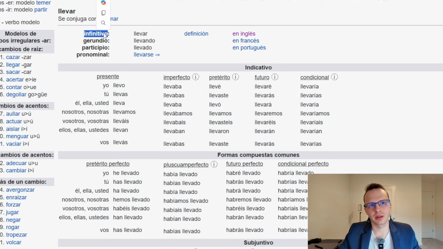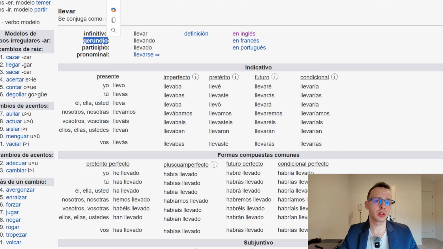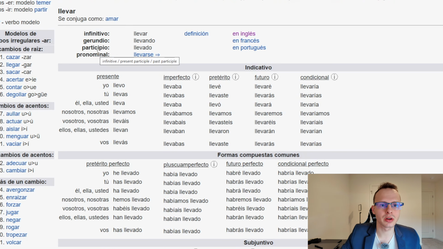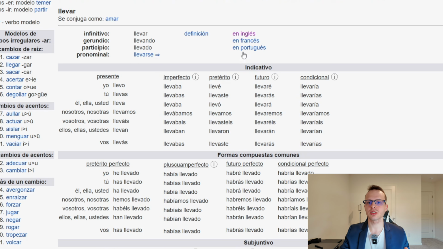But we've got something called the infinitivo. This just means like the verb in its complete, unconjugated form. Llevando, the gerundio. A lot of these words you don't really need, and this is the purpose of this video, because when you look at a conjugation chart, there's so much stuff here, and it's overwhelming when it doesn't have to be.